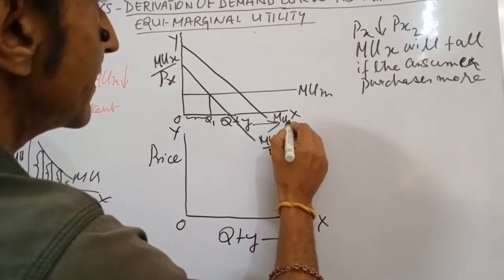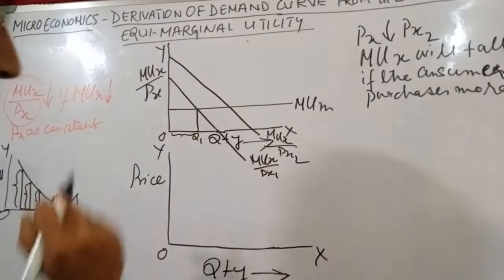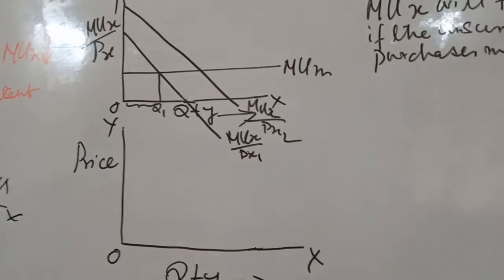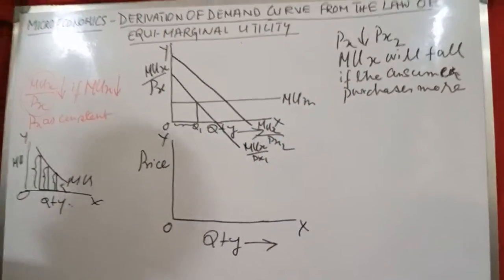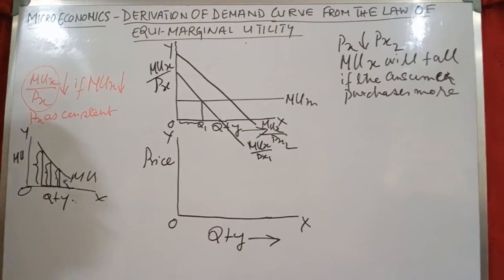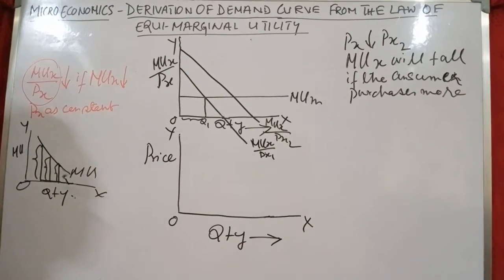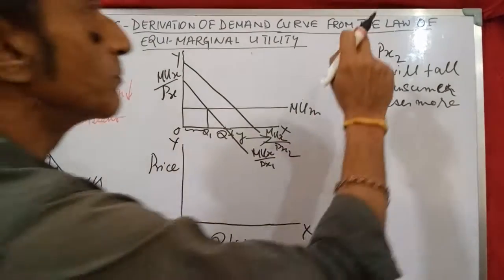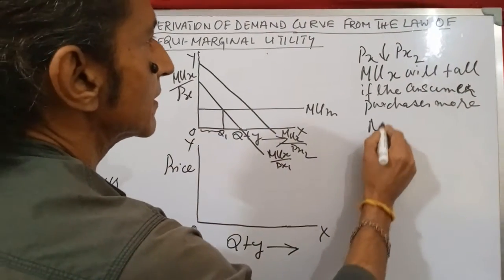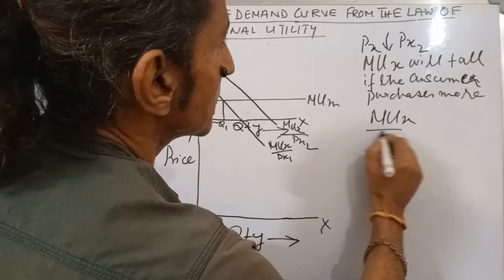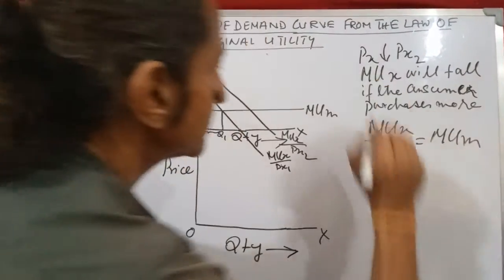This is MUx by Px2. Now this will be parallel. Why? Because as price of x is falling, the consumer is purchasing more of x. As a result, MUx will fall. At the same time, since price itself is falling, ultimately MUx by Px2 will be equal to marginal utility of money.